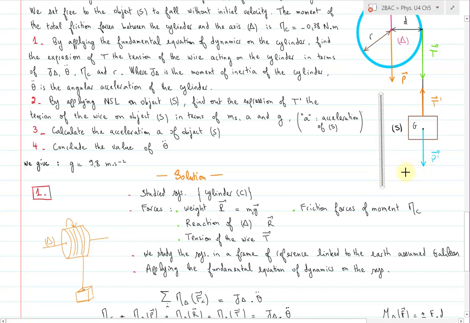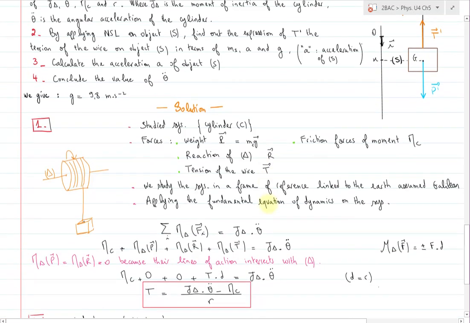We assume this is the origin and this is the unit vector I, like this. Here we call x the position of the center of gravity of the object at a certain time. Very good.